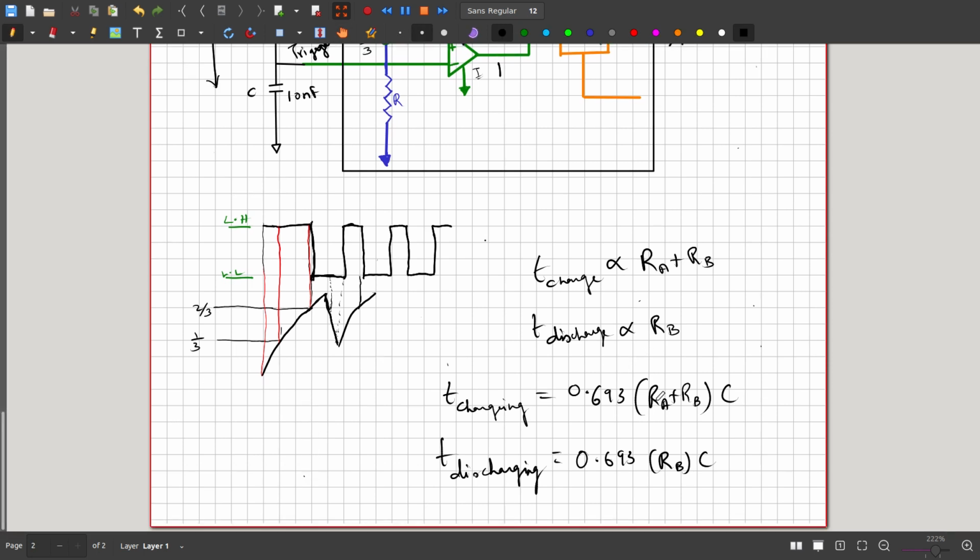Usually the time constant is defined as the time constant of an RC circuit. Okay, if you look at this circuit, this is R and C. Usually the time constant is defined as the time taken.